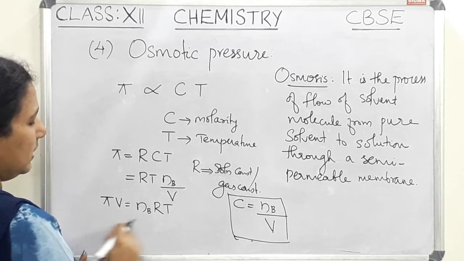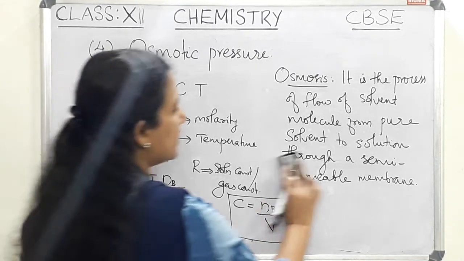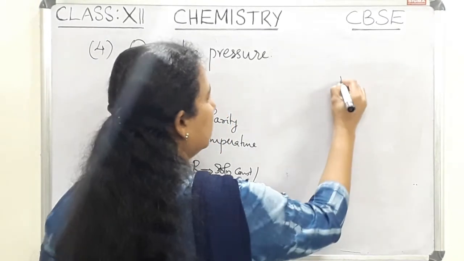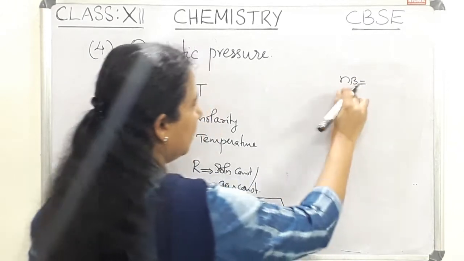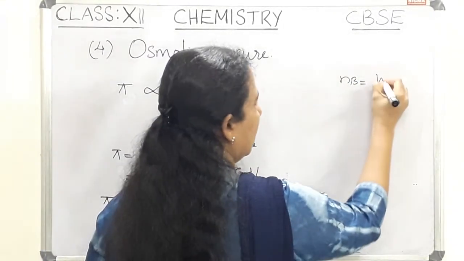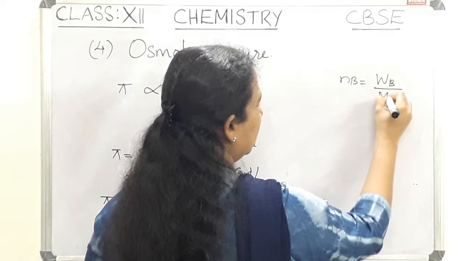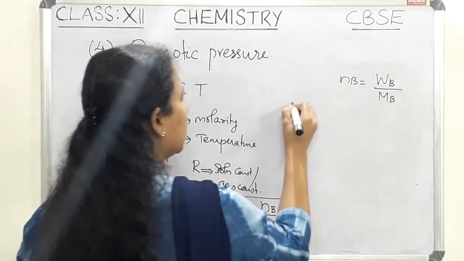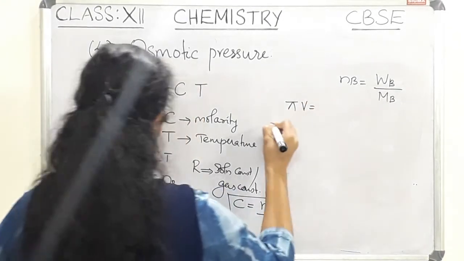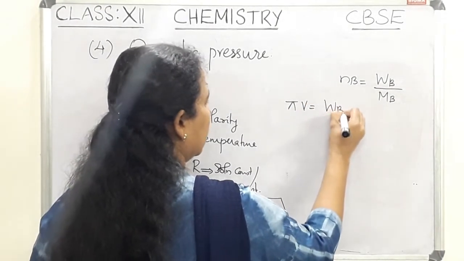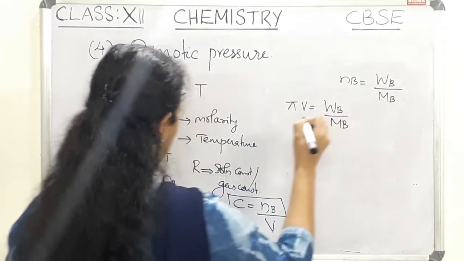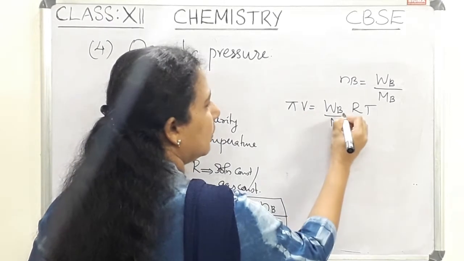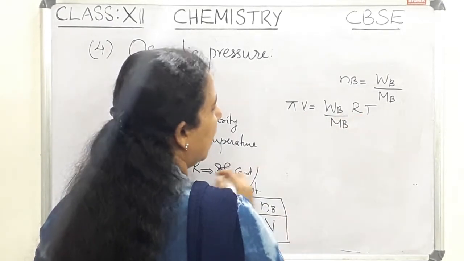And instead of NB, the number of moles of B equals mass by molar mass, WB by MB. So pi V equals WB by MB into RT.